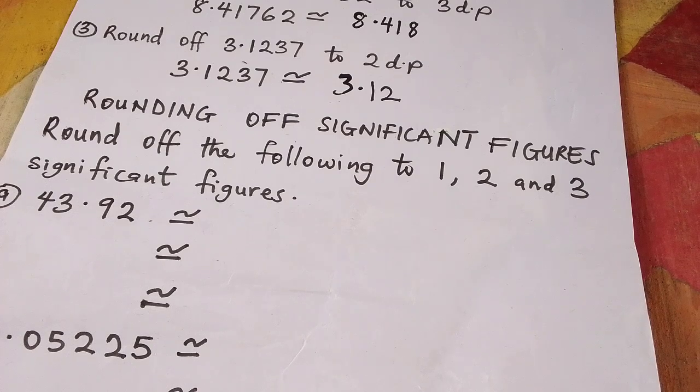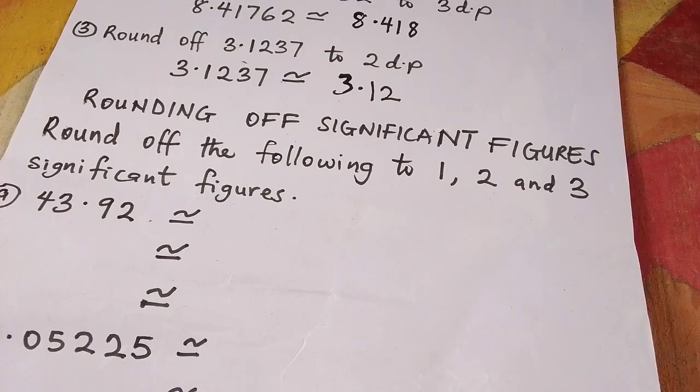So if you have 1, 2, 3, 4, 5, 6, 7, 8, 9, you can start counting from there. That means it can be from the whole number or the decimal, wherever you see a figure between 1 and 9.